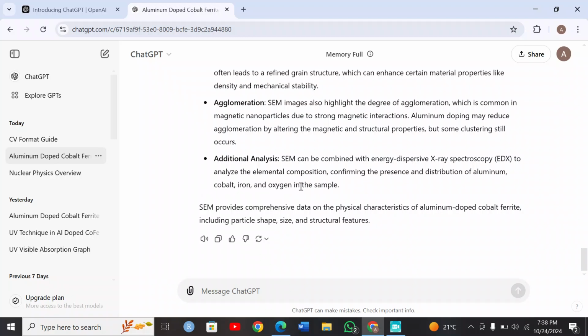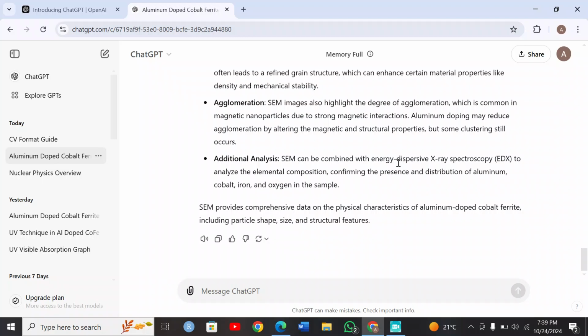If we want to confirm the presence of aluminium, cobalt, iron, and oxygen in the sample, then we use EDX. EDX stands for energy dispersive X-ray spectroscopy.